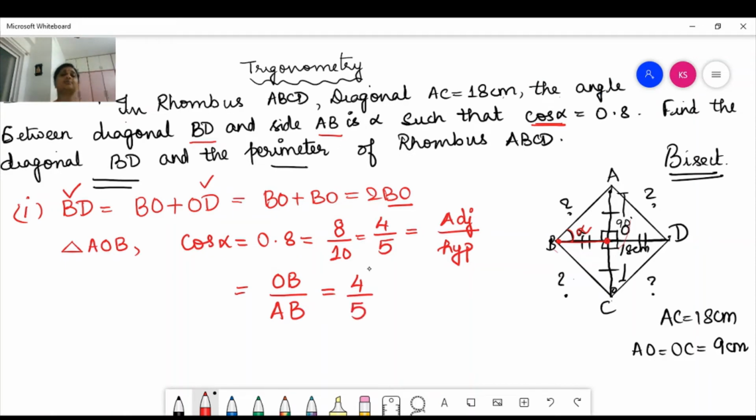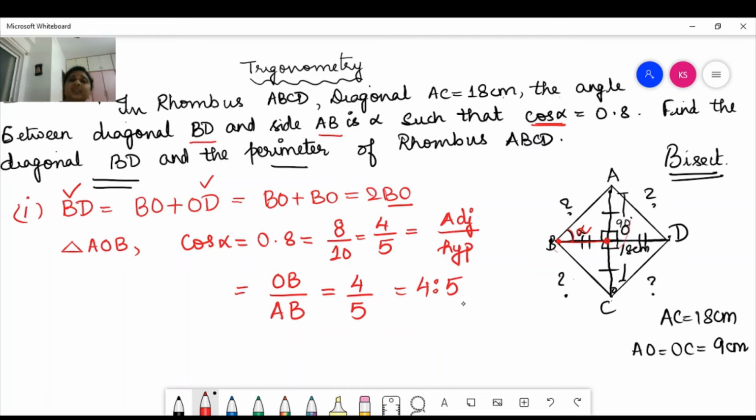Now these are not measures, these are parts. We need to keep it in mind. We know that OB by AB is equal to 4 by 5, that is 4 is to 5. Correct?